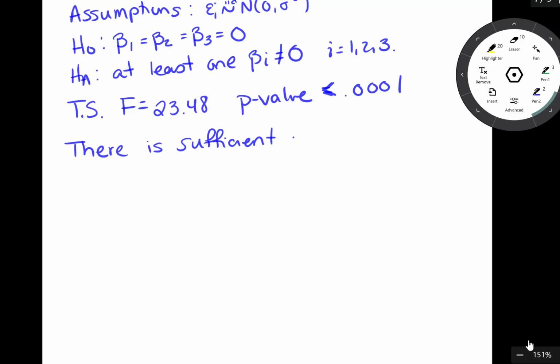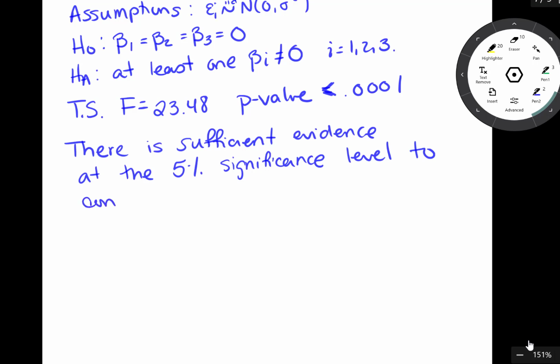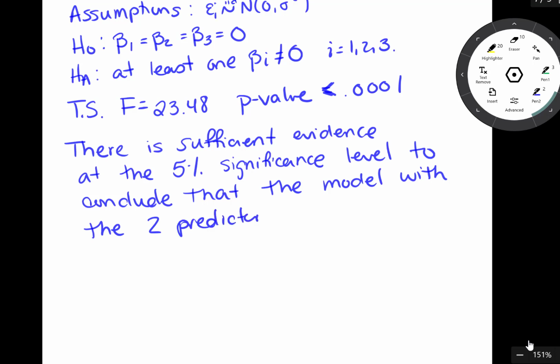So there is sufficient evidence at the 5% significance level to conclude that the model with the 2 predictor variables, and remember what those 2 predictor variables are.